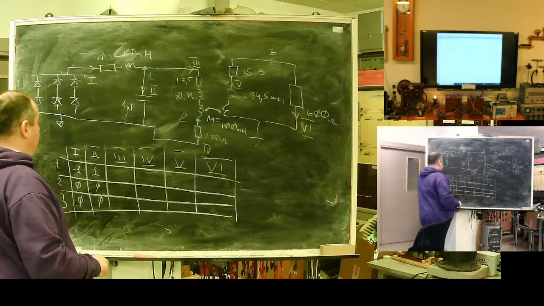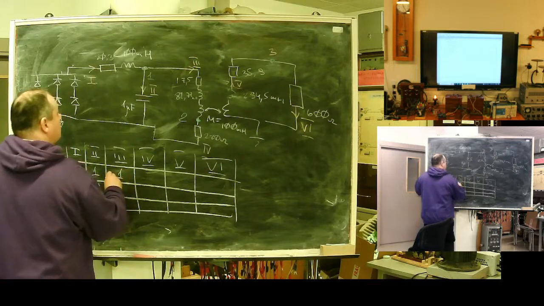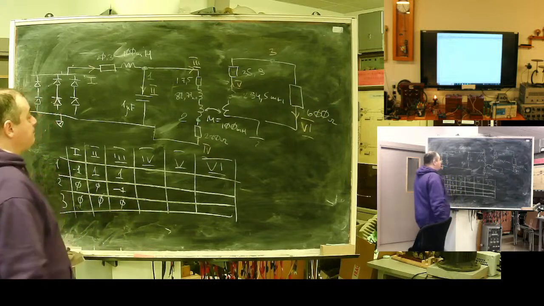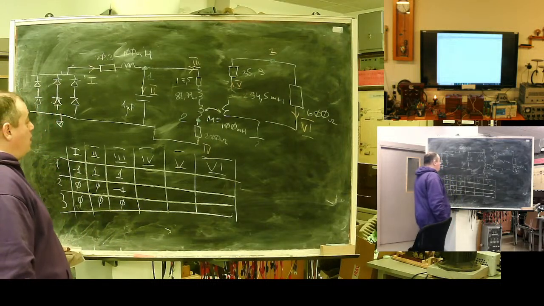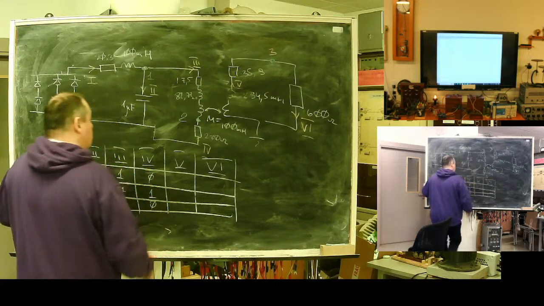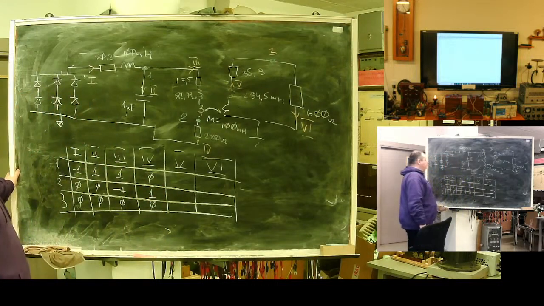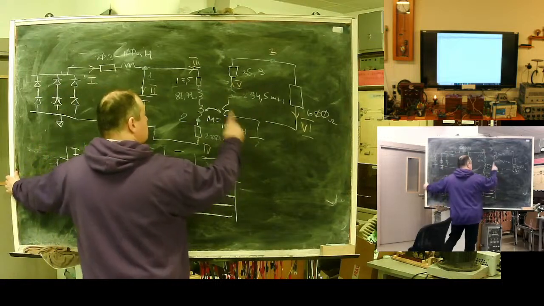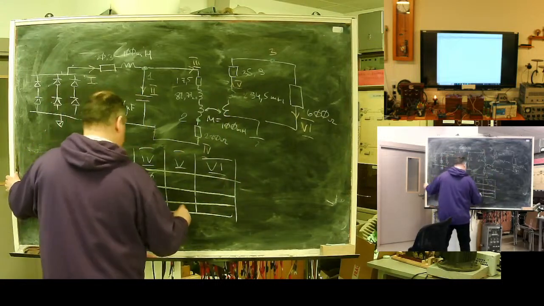Branch 3 outflows from 1, inflows in 2. Branch 4 outflows from 1 and goes into base, so nothing here. Number 5, this is ground, so from ground to number 3.